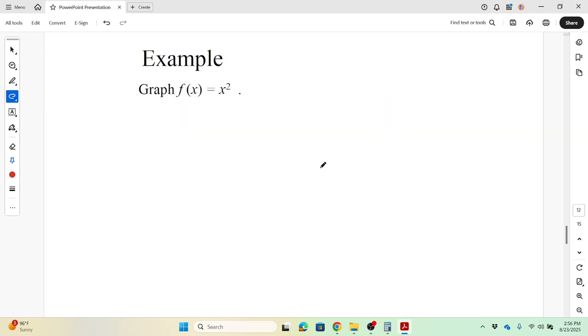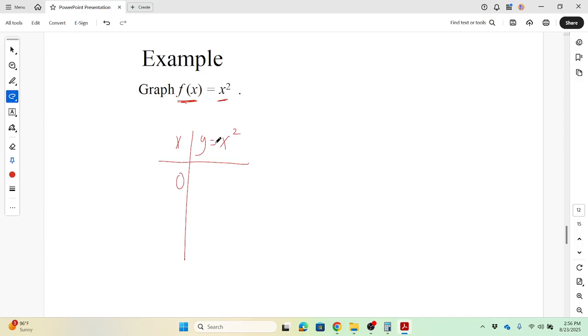For example, let's say we are trying to plot the graph of f of x equals x squared. So what do we do? We make a table, x and y. Keep in mind, y means actually this f of x. And that can be calculated by using the formula x squared. So y is x squared. Let's assume that x is 0. Then what is the y?